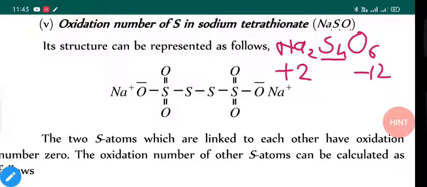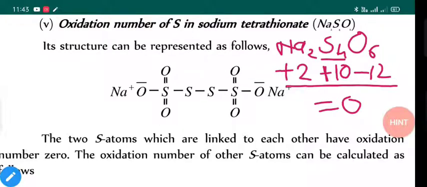So 4 sulfur should be in plus 10 oxidation state, so that overall you will get 0. Plus 2 plus 10 minus 12 is equal to 0. So 4 sulfur are in plus 10, that means each sulfur will be in 2.5 oxidation state, and it is not possible because the structure of this compound is as mentioned.